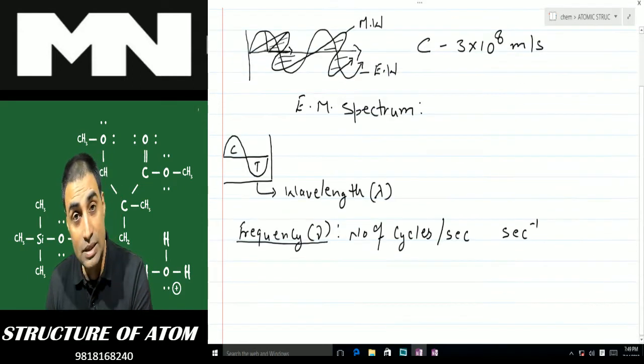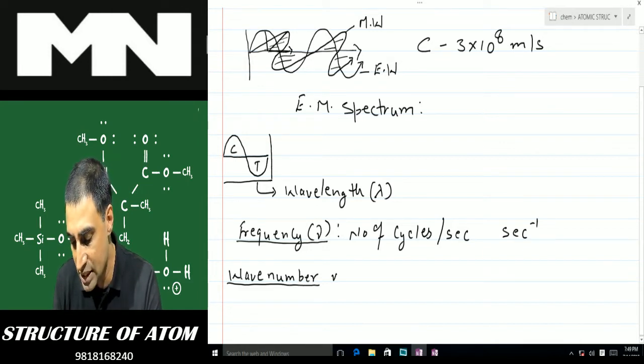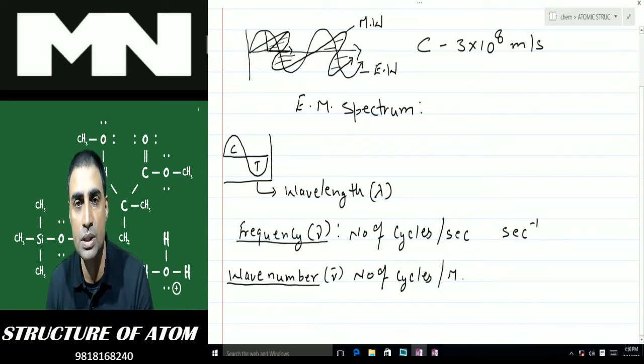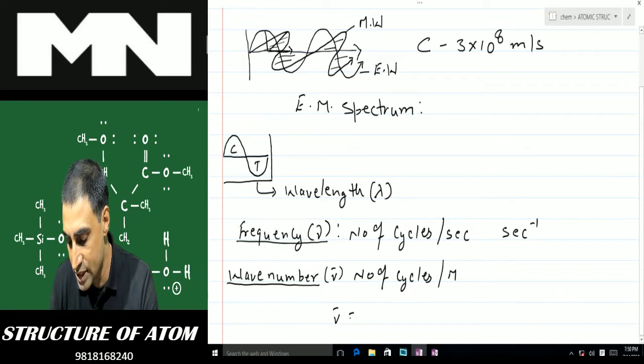The another term we have is wave number. Wave number again is frequency. It is another method of expressing frequency. It is the number of cycles per meter. So the number of cycles per meter is wave number, and wave number is always equal to 1 by lambda.